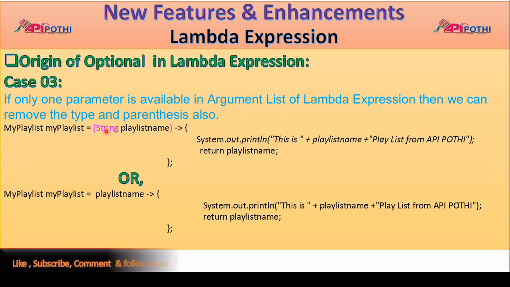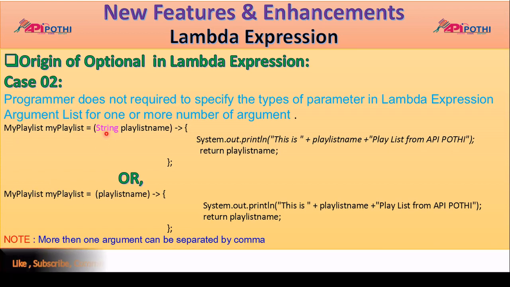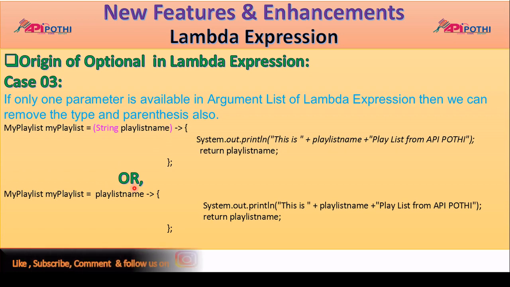As per the last case we don't have to write the type, so we are not writing String here. The next thing is that here it was enclosed with parentheses, so that we can also avoid writing. This is the third case.